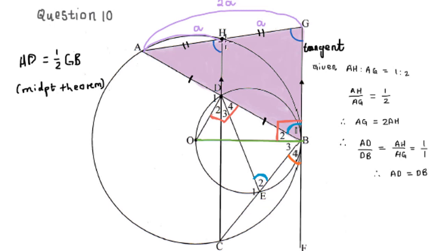For the larger circle, it's not subtending anything, but is it subtending something for the smaller circle? Yes, it is. The chord BE is subtending the angle D4 at the circumference. So angle D4 is equal to angle B4 by the tan-chord theorem.